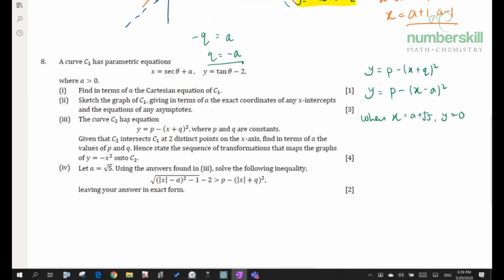So you put this in, you're going to get 0 equals P minus (A plus root 5 minus A) squared. So you're going to get P minus 5 is equal to 0. So P must be equal to 5. If you see this 1 mark, you see this another 1 mark.